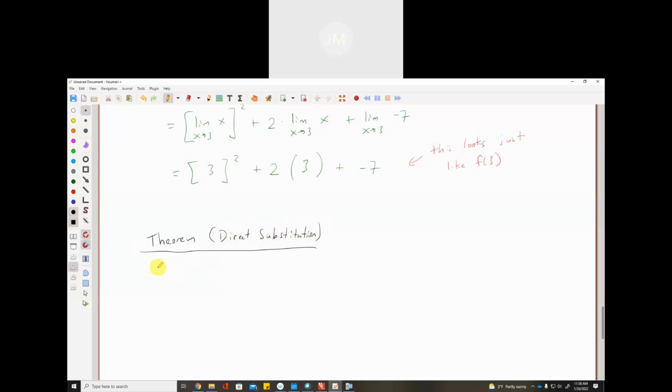Okay, here's how the theorem works. If I take the limit as x approaches a of f of x, that's just equal to f of a. I can just plug into the function to figure out what the limit is. And this only works for certain functions.